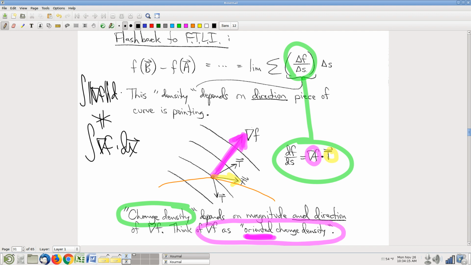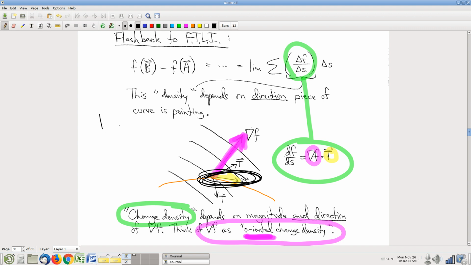You can't just do that, right? That's completely not true. This dot product is very, very important. That's telling you how much of this idealized change density you are actually getting in the direction that you're going. Yeah? Okay.